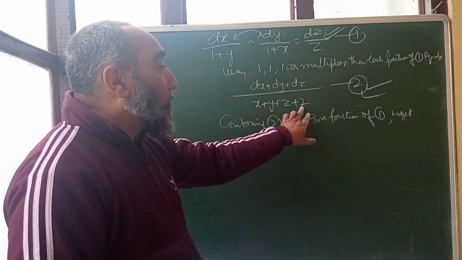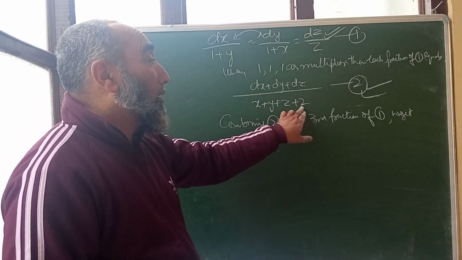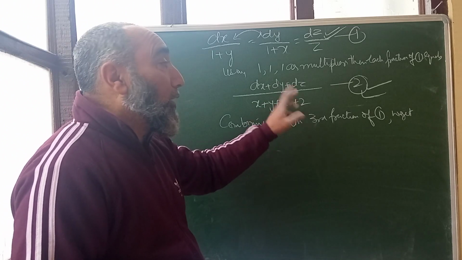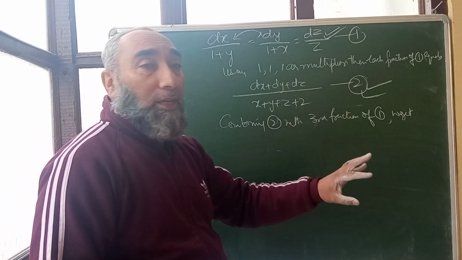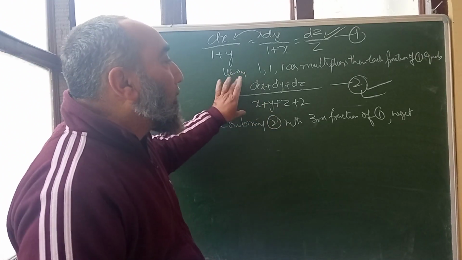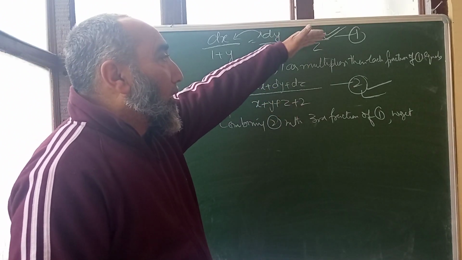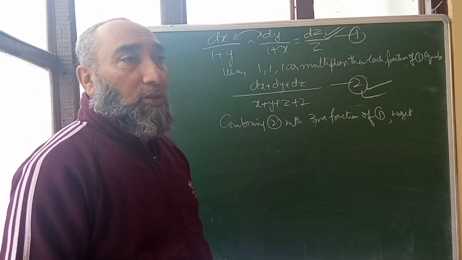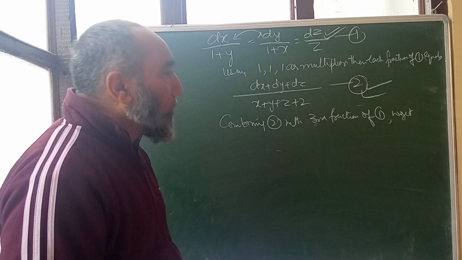If you are not able to find a multiplier such that the denominator is 0, then you have to choose a multiplier such that the numerator is an exact differential of the denominator. Then that fraction is to be taken with a suitable fraction of 1.